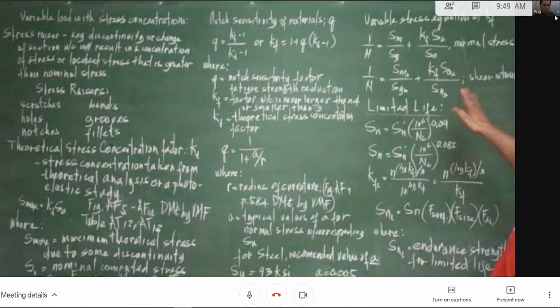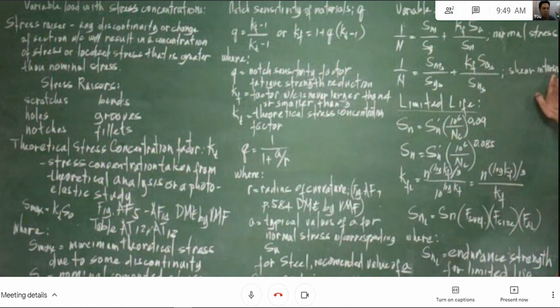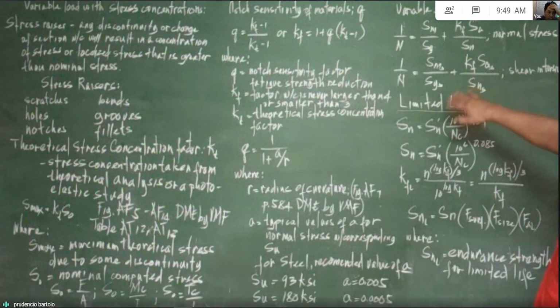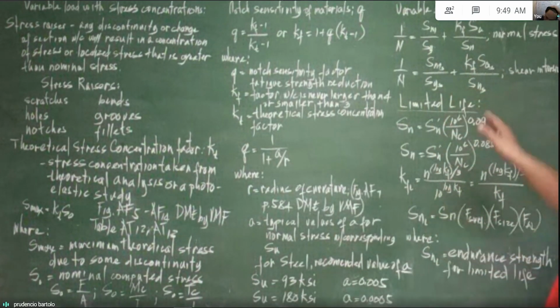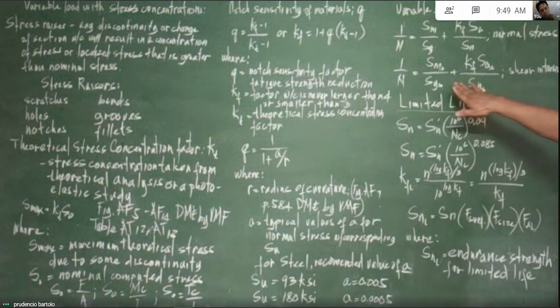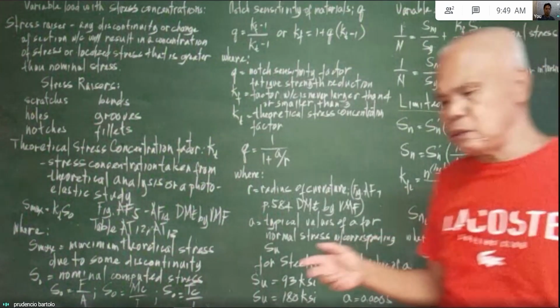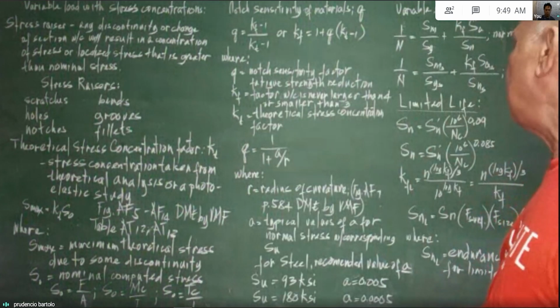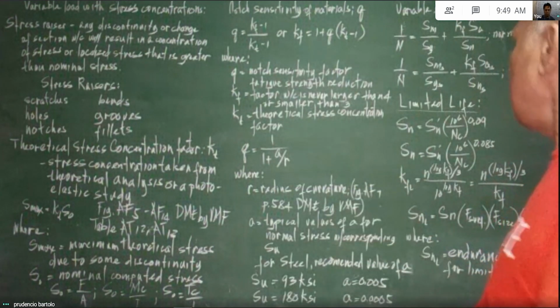The same thing with shear in torsion. We will still be considering the Soderberg line criteria. We will not be using anymore the Goodman line criteria or the Goodman line equation.